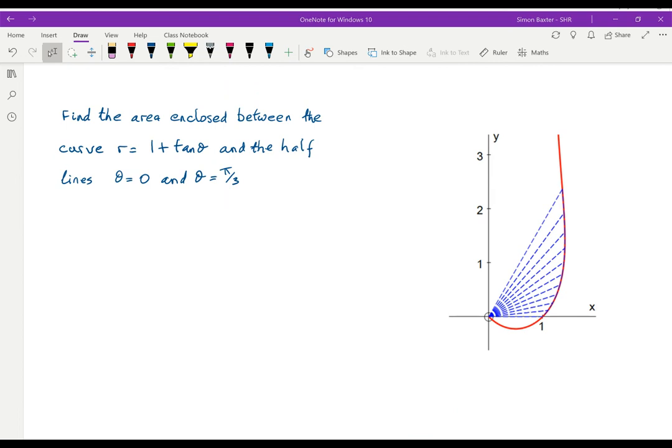In this example, we're asked to find the area between the curve 1 plus tan theta and the half lines theta equals 0 and theta equals pi by 3. So here we have the curve 1 plus tan theta. The half line theta equals 0 is, of course, the initial line or the x-axis, and the half line theta equals pi by 3 will be that one. And our area is split up into lots and lots of small sort of sectors.